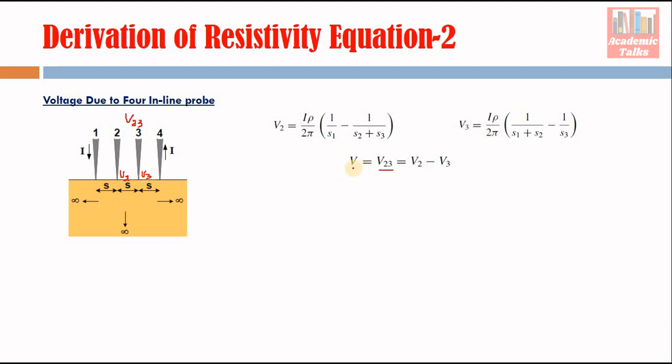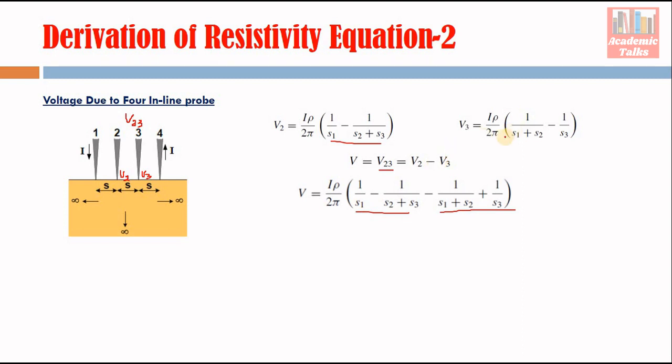And now if you want to find out the potential difference V, which is measured here with the help of the voltmeter, then we have to subtract these two. So if we subtract V2 minus V3, we get something like this. This part is coming here as it is, and this part is coming from this side, right?